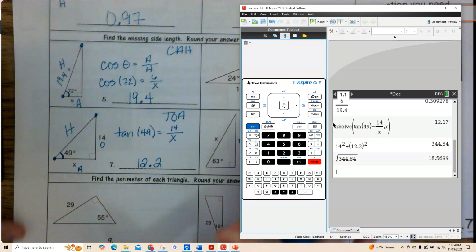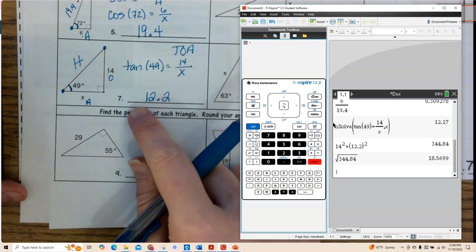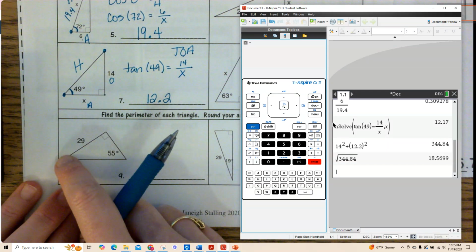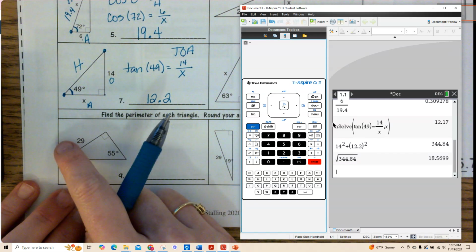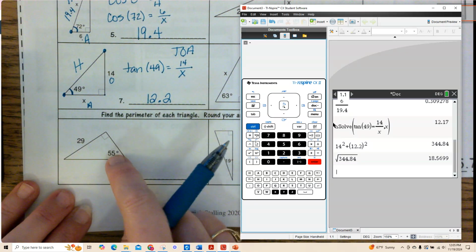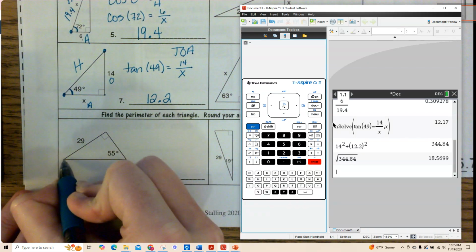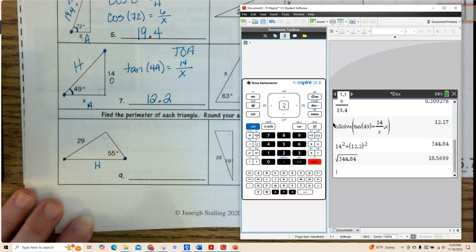We're going to need all three sides because now we're going to find the perimeter. Perimeter is the distance it takes to walk around a shape. They've only given me one side and one angle. So here's the right angle. Here's the other two angles. So this is my hypotenuse.